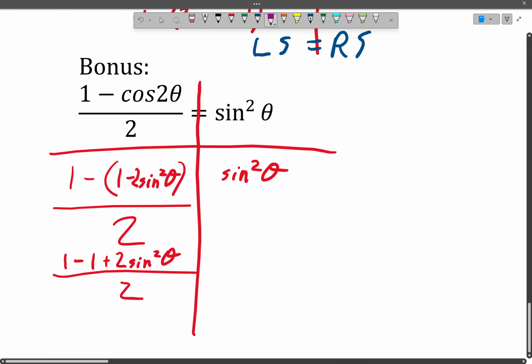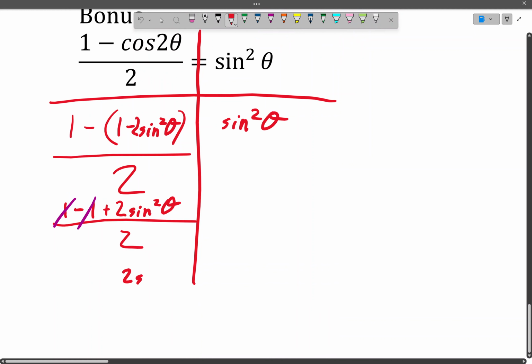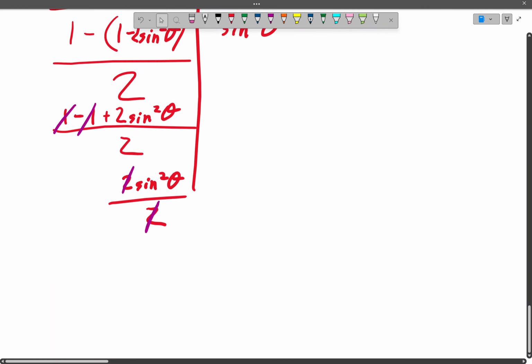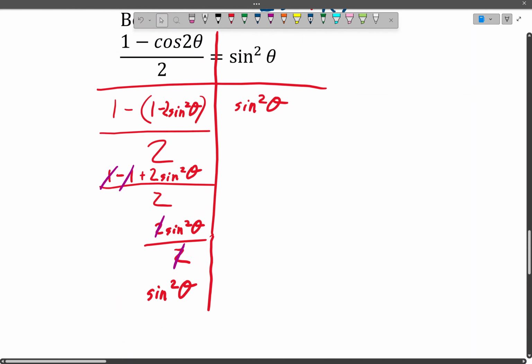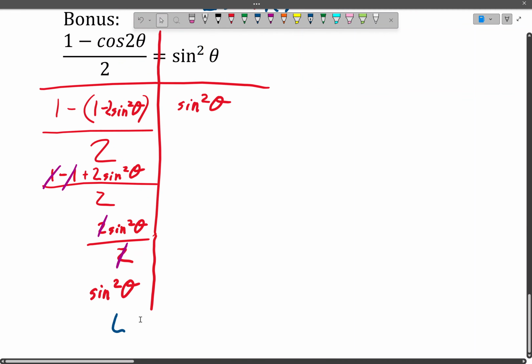And then hopefully you can see that these ones cancel. And so then we have 2 sine squared theta over 2. These two cancel. And so we're left with sine squared theta, which means left side equals right side.